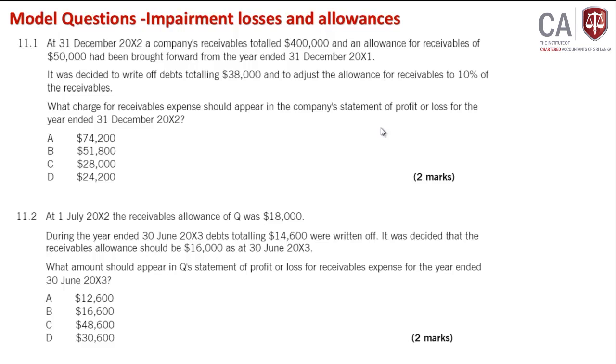Now it's a challenge for you all, right? Many questions are there. You have to figure out answers for all the questions in the question bank, and understand the way your examiner can test this topic in the exam also. All these questions are from ACCA, right?